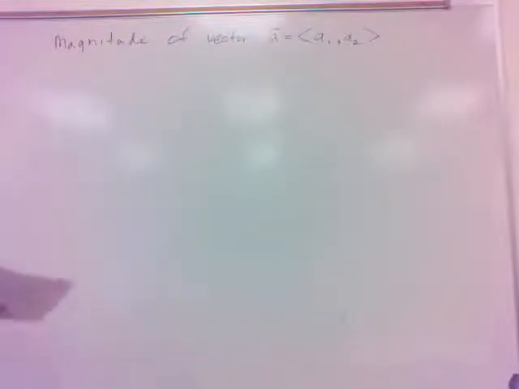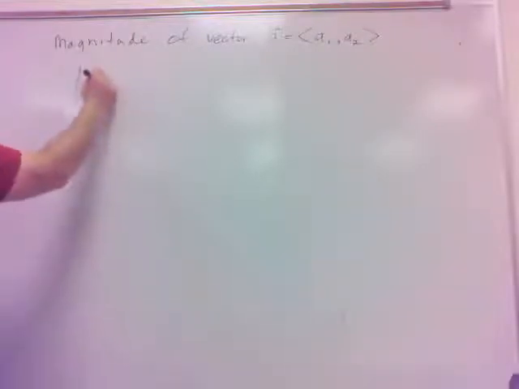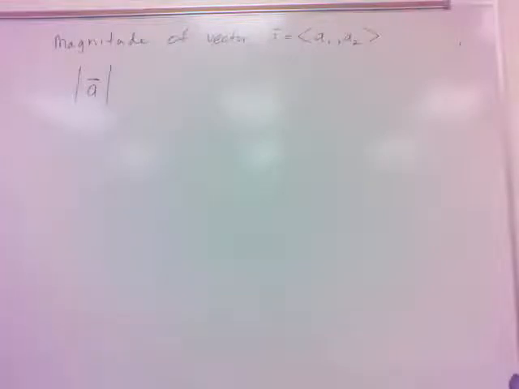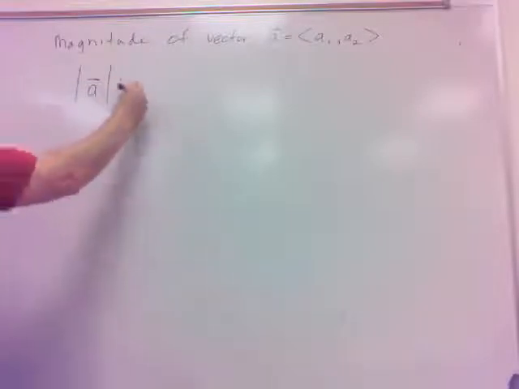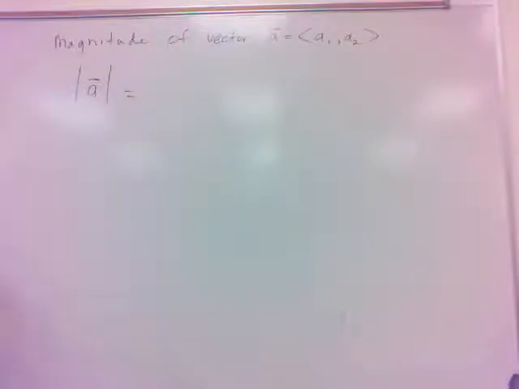Like we said, length or distance, that's typically represented with either just two bars around the vector, or some places you'll see double bars, same thing, means magnitude. And I just want the length of that vector.